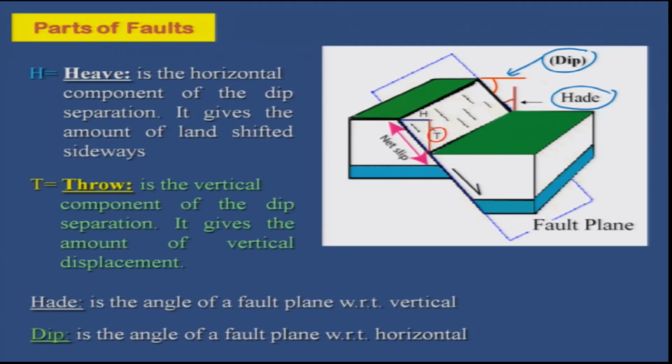fault plane. Okay, so what has been shown in this figure is that this block, which is marked by green, was once together. So the green one here, this is A and A, and this one we mark. So these were together, and then during an earthquake it moved down.